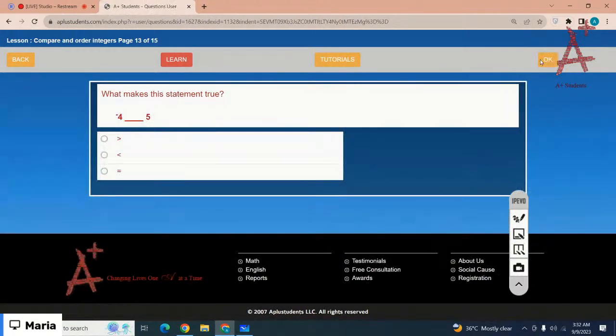Negative 4 and 5, which is the correct option? Yes, negative 4 is less than 5.